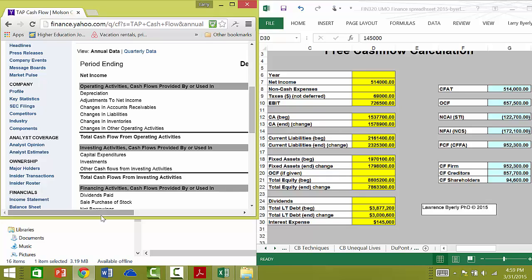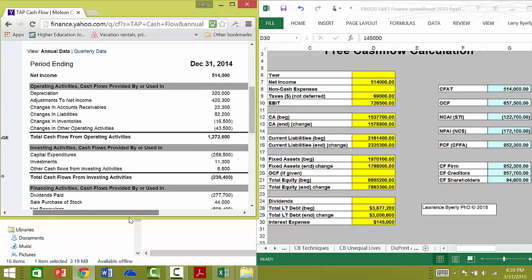Depreciation is right there. It's the second line item there. You can see that. So depreciation is $320,000. Oops, wrong line item. Up here. 320,000. And we have to go down here and find dividends.